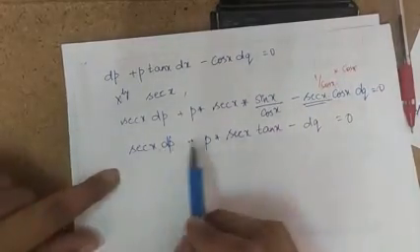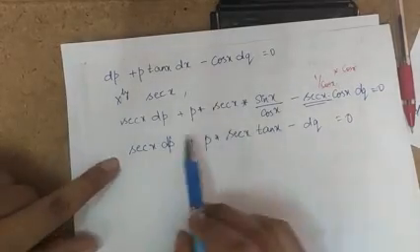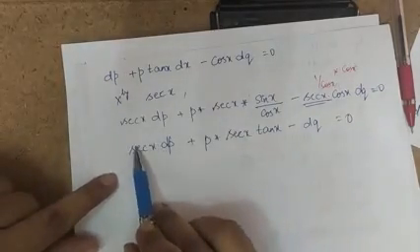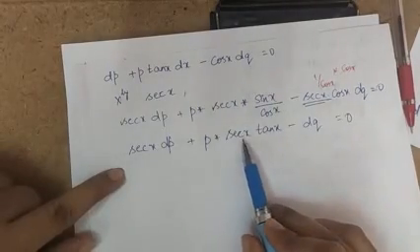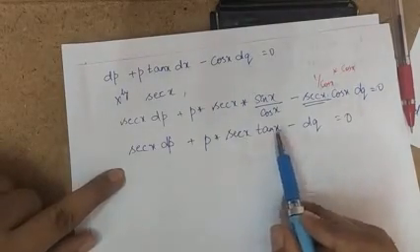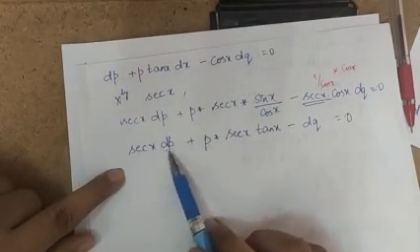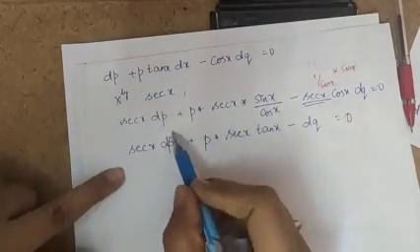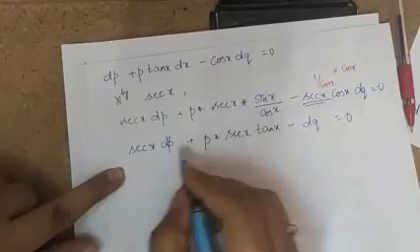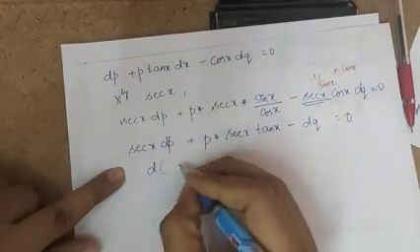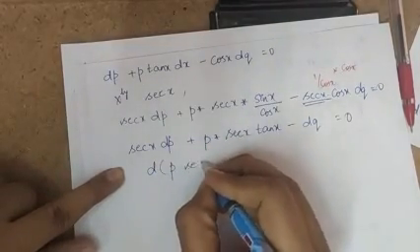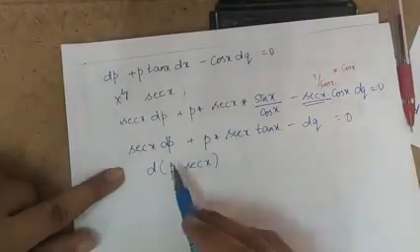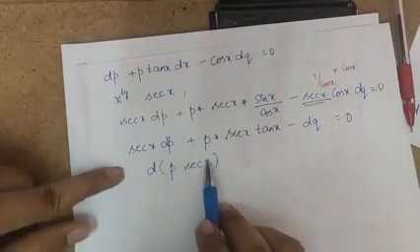So now look at these two terms. If you differentiate secant x with respect to x, you will get secant x into tan x. If you integrate dp, you will get p. So I can write this as differentiation of p into secant x. Product rule applies here.